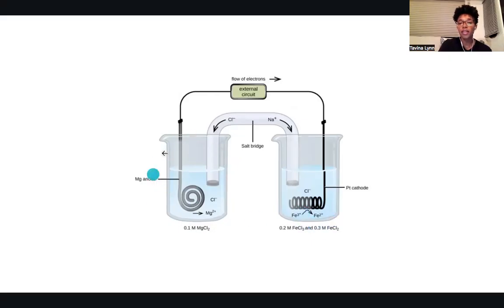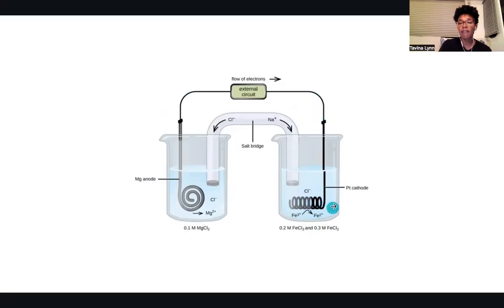In this half cell, we have 0.1 molar magnesium chloride solution. We have our magnesium anode solid that when it is oxidized will be oxidized to magnesium 2 plus ions. The electrons will flow through the external circuit to this platinum cathode.